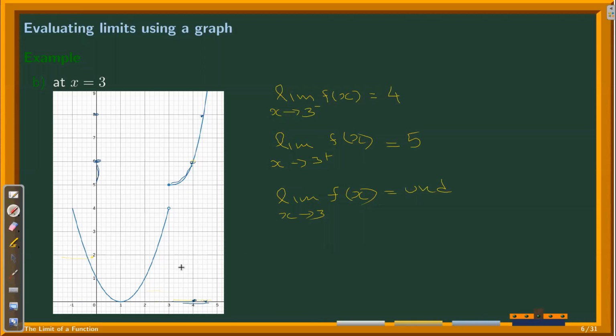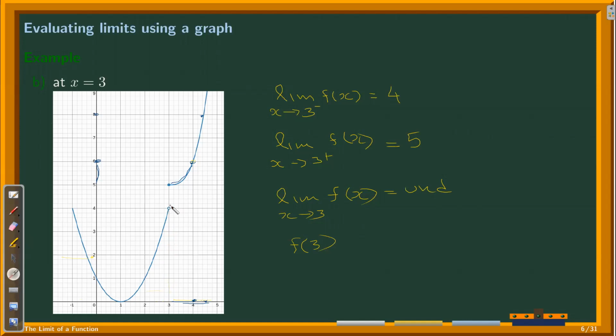Okay. So then it asks us to find the function value at 3. Okay. f(3). Now for the function value, we use this notation. So when I come, the function value is right above 3, no? The function value is the value right above 3. Now there are two candidates. This point is right above 3 and this point is also right above 3.